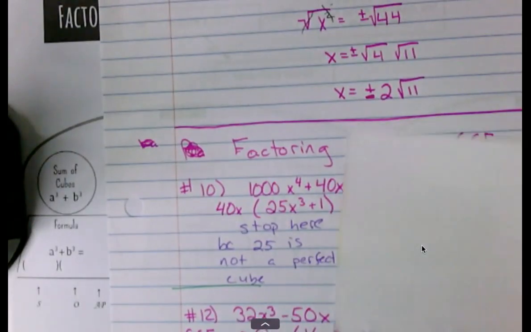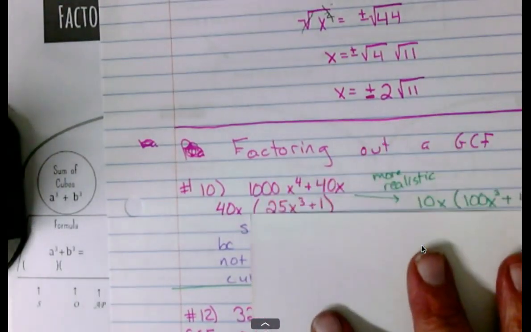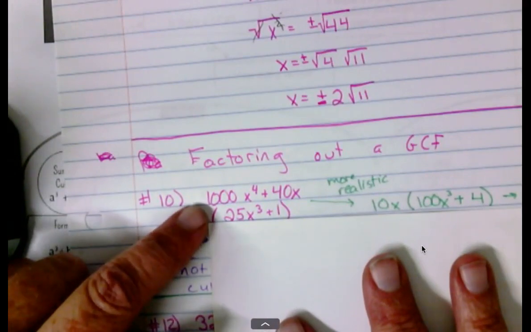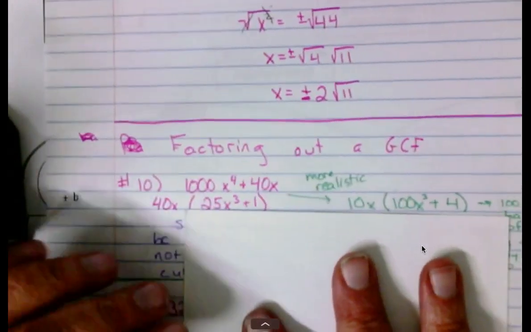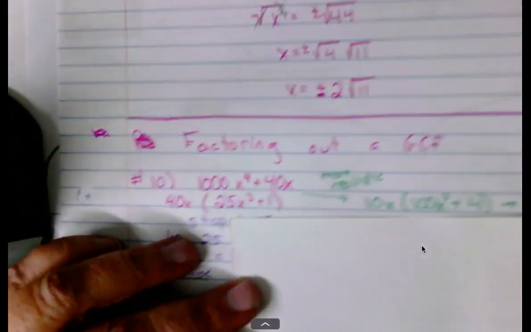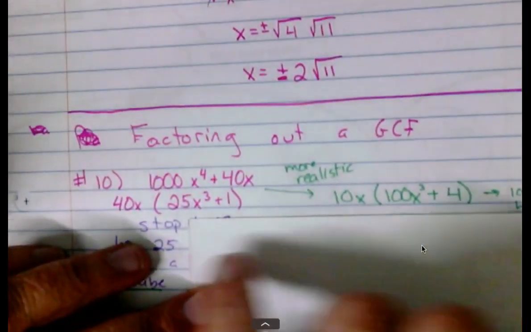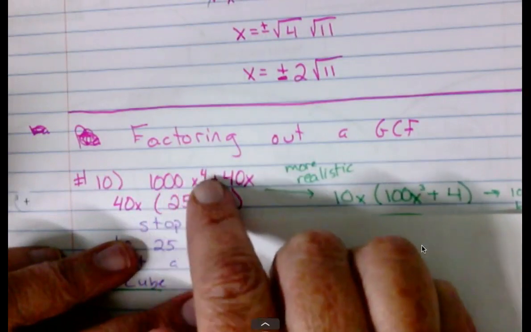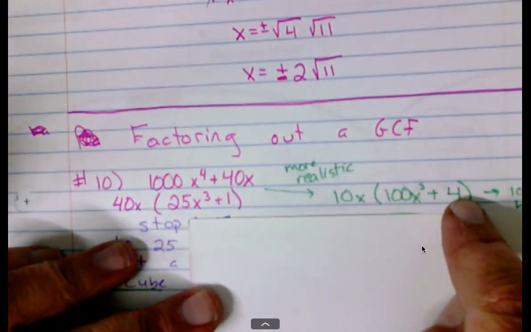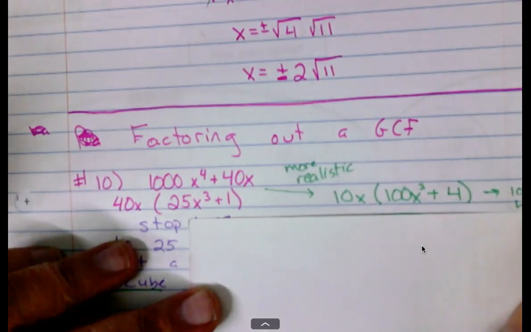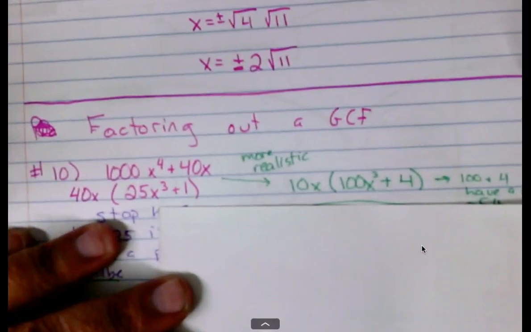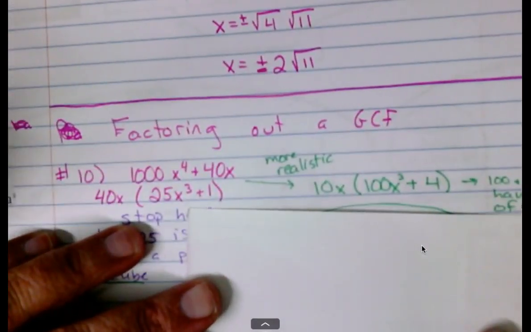Now, another thing about this problem is, more realistically, I realize that most people wouldn't know that 40 is a factor of 1000. So in one of the classes today, they suggested that we factor out 10x first. When we factored out a 10x, we got 100x to the power of 3 plus 4. Then we realized we have to keep going because 100 and 4 have a GCF of 4.